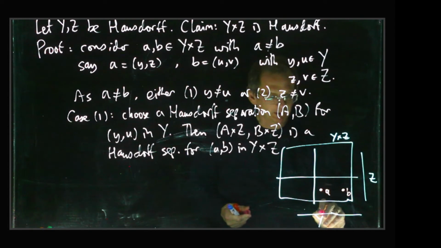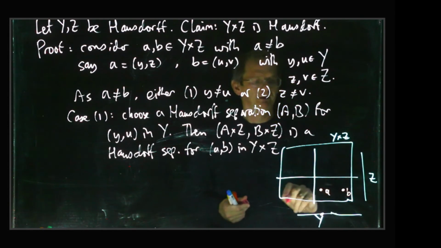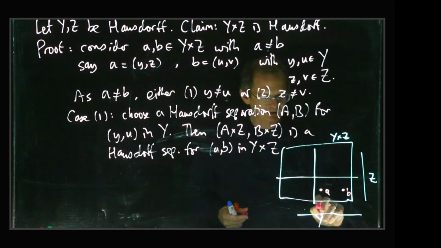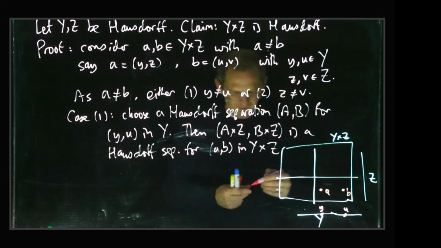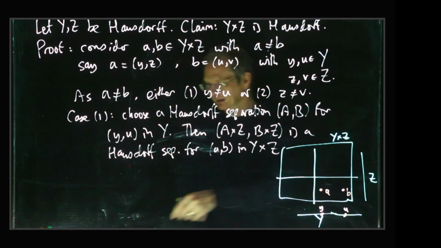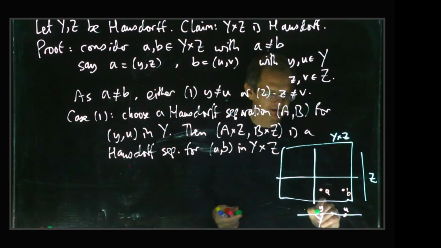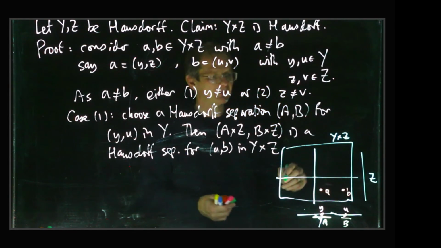So here's our point A in the y position, and B in the u position. Those are different, so we've got a Hausdorff separation consisting of a set capital A here and a set capital B here. Then we fatten them up.